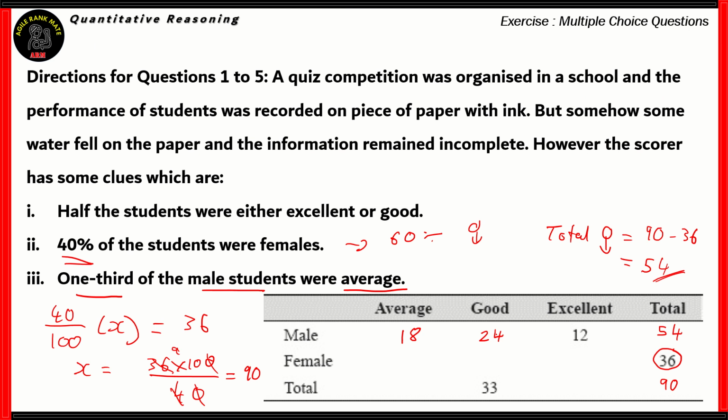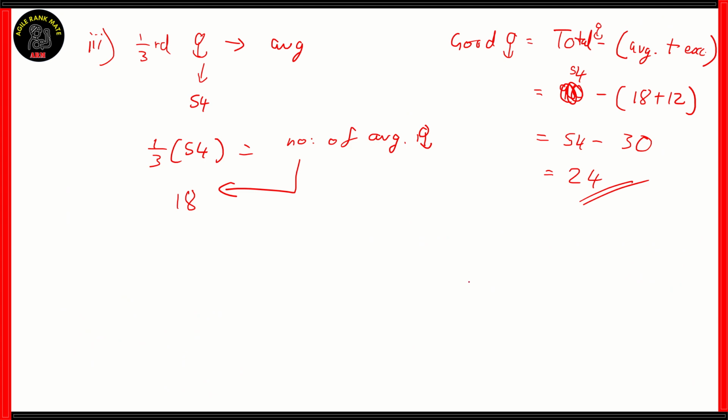Now that you know the number of good male students and the total number of good students, we can calculate the number of good female students. So this is what we need to fill right now.